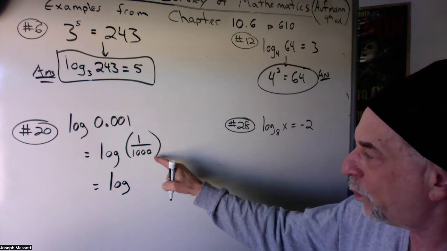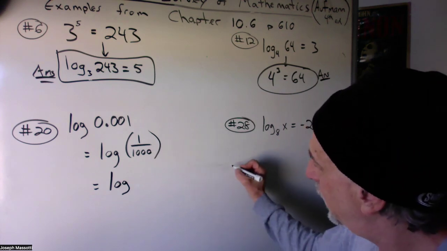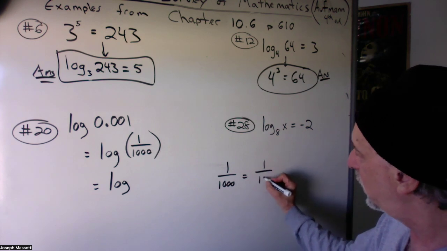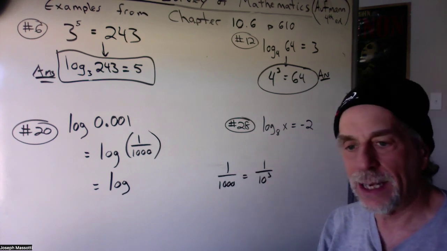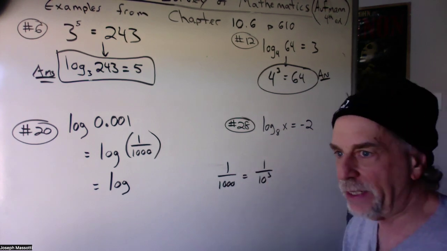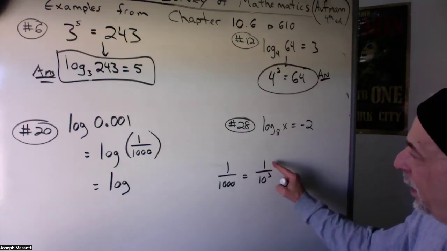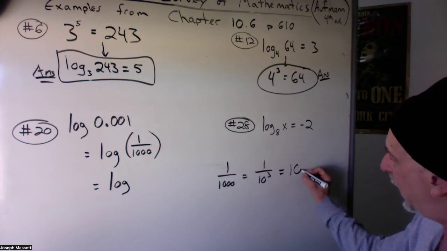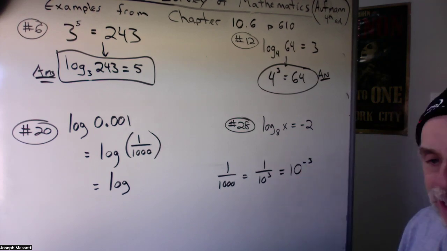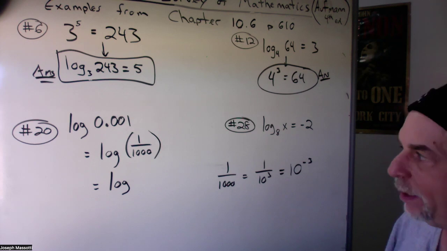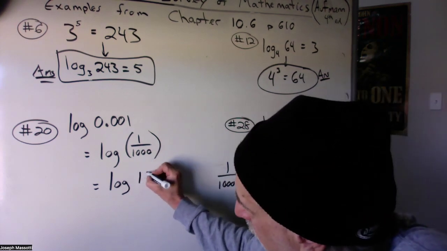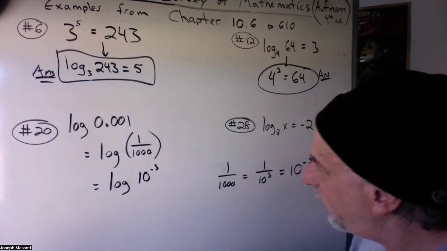And we know 1/1000 is 1/10 to the third. 10 times 10 is 100, times 10 is 1,000. So 1/1000 is 1/10 to the third, which we know from our negative exponent rule is 10 to the negative third. So I can write this as log base 10 of 10 to the negative third.